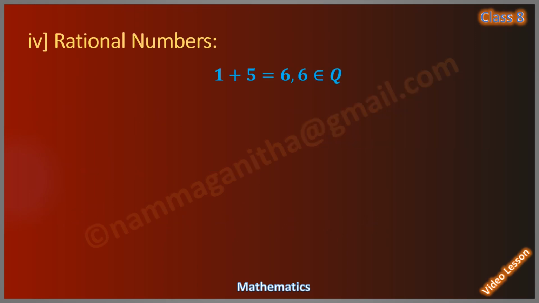Now consider 1 and 5. 1 is a rational number and 5 is a rational number. Then their sum 1 plus 5 is equal to 6. 6 belongs to Q. Minus 3 is a rational number and plus 3 is a rational number. Minus 3 plus 3 is equal to 0, and 0 is a rational number.